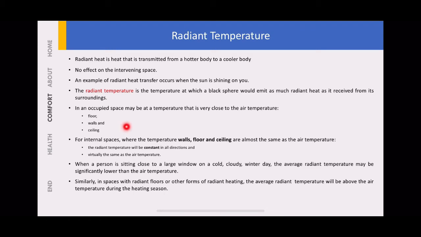Either you wear stockings or socks, or you will use the water-based air conditioning system that we have discussed in lecture 2 or 3, right? For internal space, where the temperature of the wall, floor and ceilings are almost the same as the air temperature, the radiant temperature will be constant in all directions. That means if your four-sided walls, your floor and ceiling are almost the same temperature as the air that surrounds it, then we will consider it to be constant in all directions.